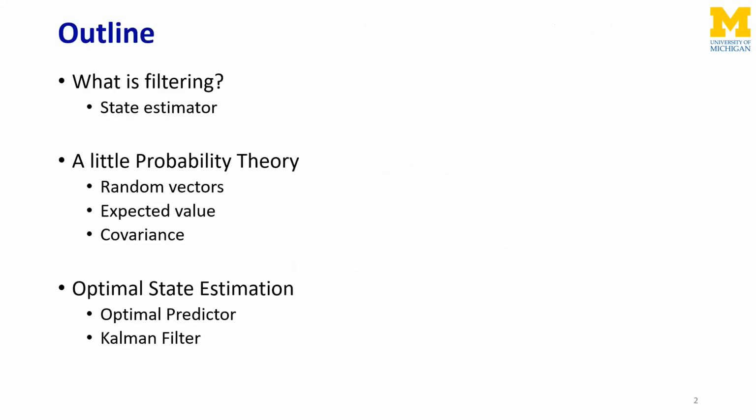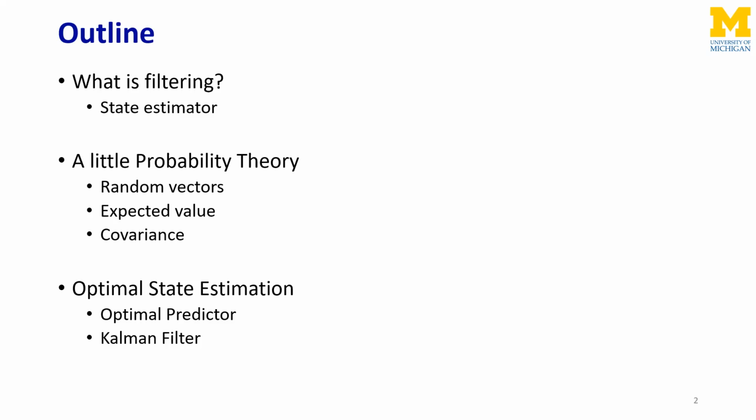Okay, let's get started. So in this lecture, I'll tell you what filtering is, and more broadly, what state estimation is. Filtering is a special case of state estimation, in my opinion. We will need a little bit of probability theory to derive the equations for the Kalman filter.